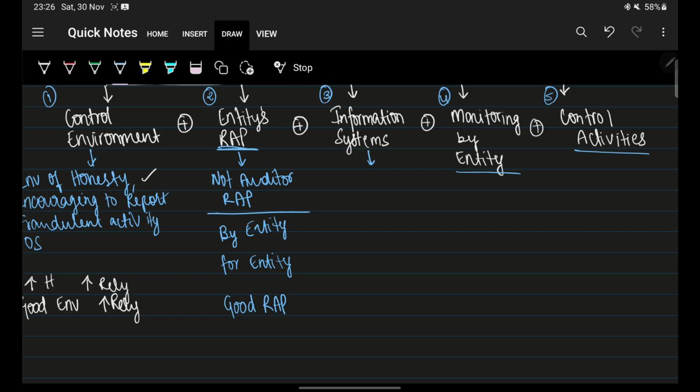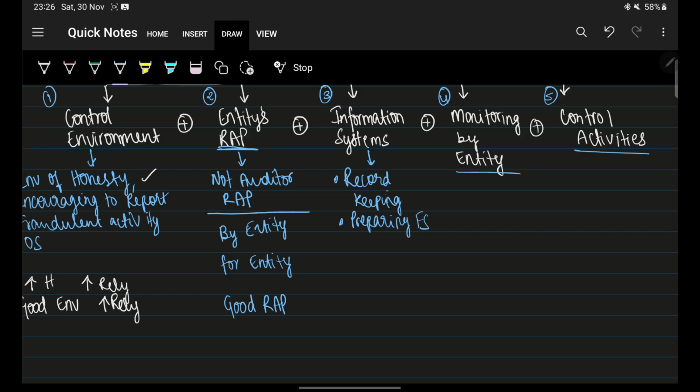Next, in the information system, when you are auditing a particular entity, you're going to have to see what are the information systems that they use. That could be to record accounts, either for record keeping, or for the purpose of preparing the financial statements.